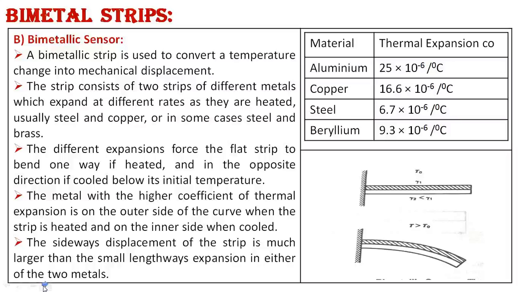The different expansion forces the flat strip to bend one way if heated, and in the opposite direction if cooled below its initial temperature. The metal with the higher coefficient of thermal expansion is on the outer side of the curve when the strip is heated and on the inner side when cooled. The sideways displacement of the strip is much larger than the small lengthways expansion in either of the two metals.